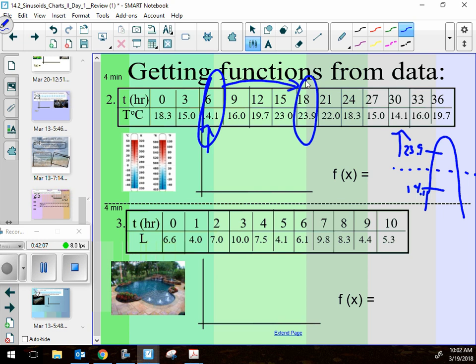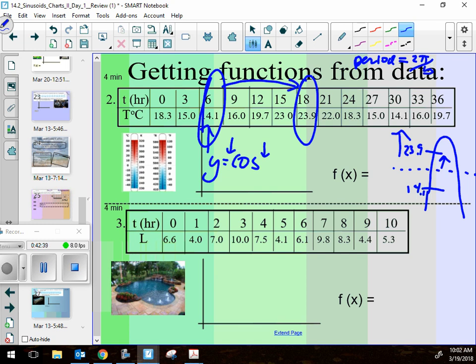Next, always use cosine. Cosine, the B term, you'll need that little B formula. Period equals what again? What's that formula? Period is 2 pi over B. Good. That'll tell you the B term. The A term is the amplitude. That's this distance from the low to the high. And this one is shifted.